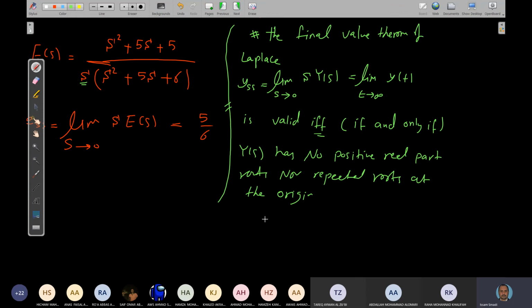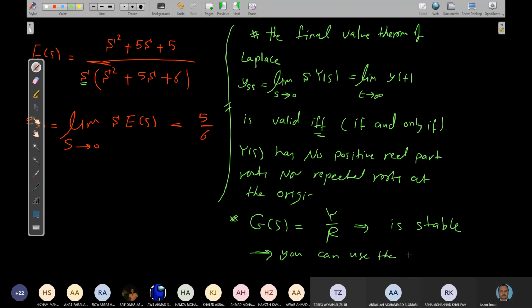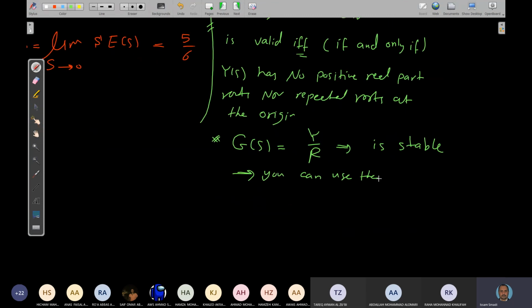So this will be more interesting: if I'm relating the final value theorem to the transfer function, and we know that the transfer function g of s is y/r, now if this one is stable, then we can use the final value theorem of Laplace. Good.